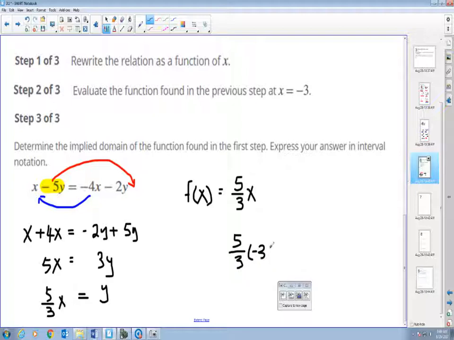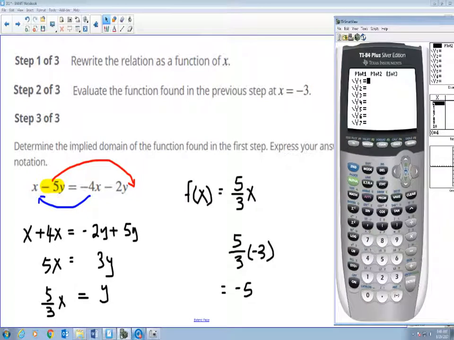I can put this in the calculator and my answer is going to be negative 5. The top 3 and bottom 3 cancel out. Or I'm going to go to my calculator and type in 5 over 3x. When we type in a fraction, always put it in parentheses, and then 5/3 times x.